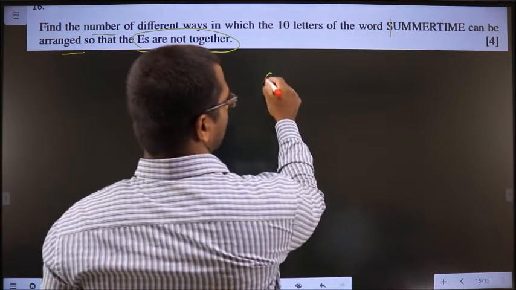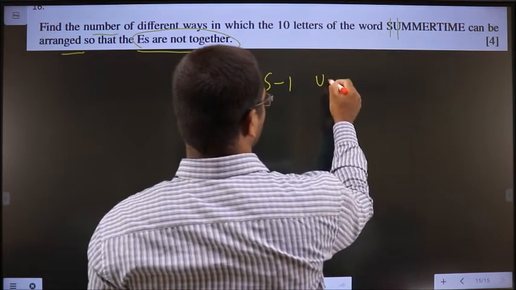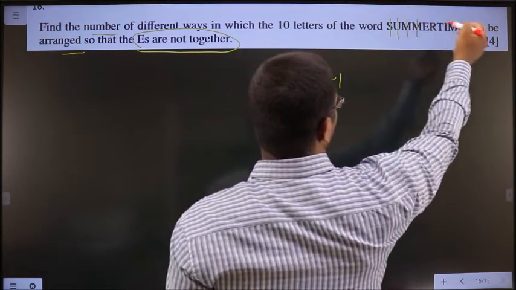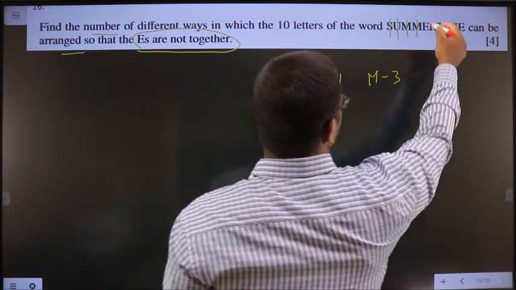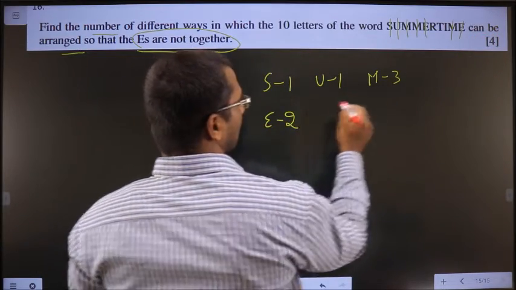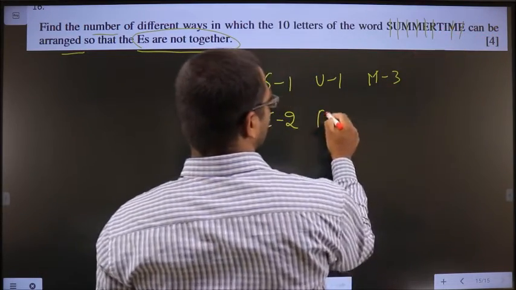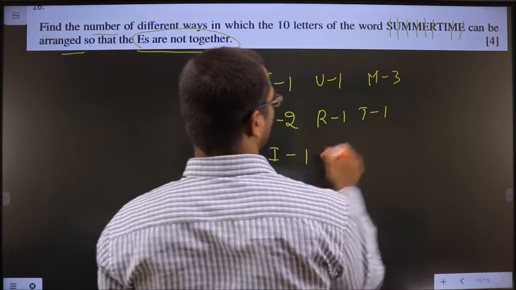So S is present once, U is present once, M is present 3 times, E is present twice, R is present once, T is present once, I also present once.